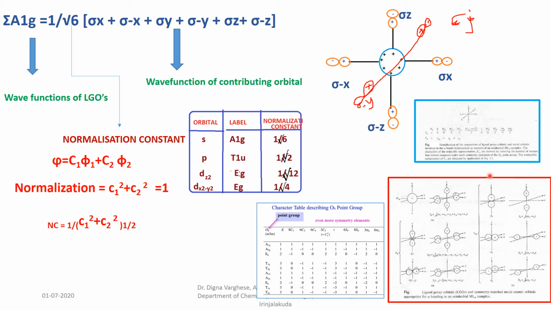This is the same conclusion reached earlier by considering the capability of the metal valence orbitals and the ligand orbitals for overlapping.